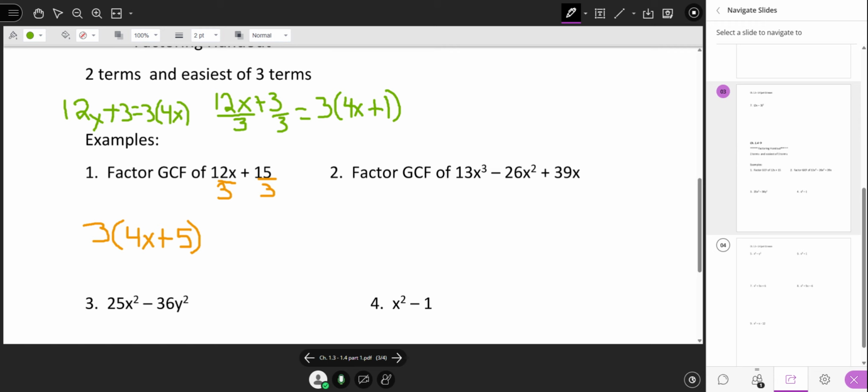I don't get the plus 1 here. So if you will do this little divide sign under here, it will help you to know that this piece doesn't just go away. Okay?